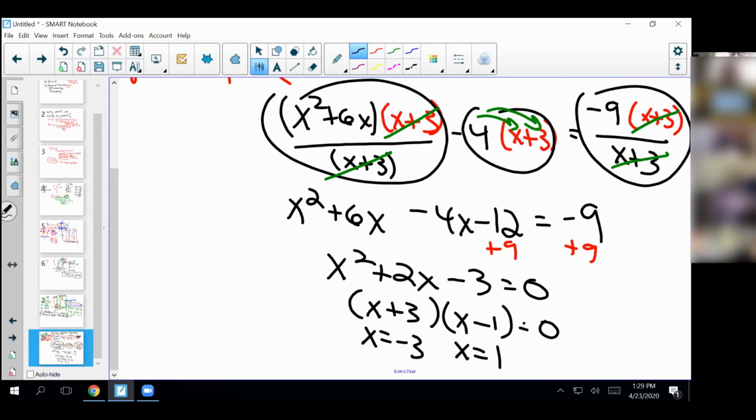There's a problem though. Does anybody see it? There's an issue with my solutions. Does anybody see what I'm getting at? What's the issue here?